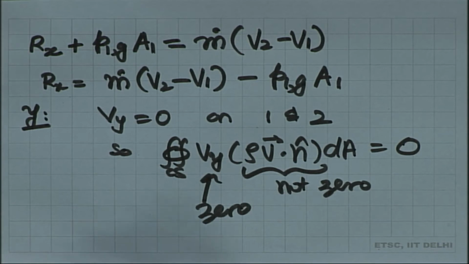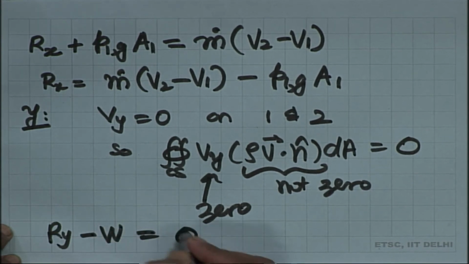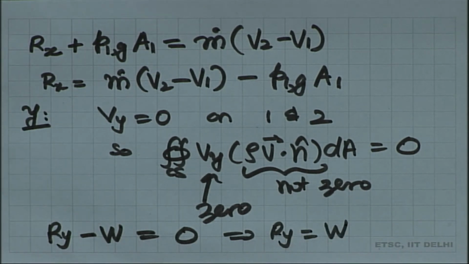The y component of the equations just gives us Ry minus W is equal to 0, something we would have expected from statics, that whatever is the total weight will be Ry. This gives us Ry is equal to W, and this W also includes the weight of the water.